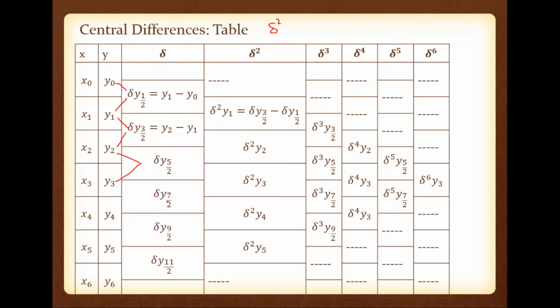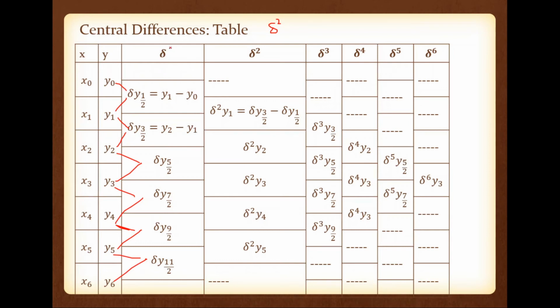Theta y 7 by 2, that is theta y 3.5, is the difference between y4 and y3. Theta y 4.5, that is 9 by 2, is y5 minus y4. Then theta y 11 by 2 is y6 minus y5. So this column is the first central difference column.